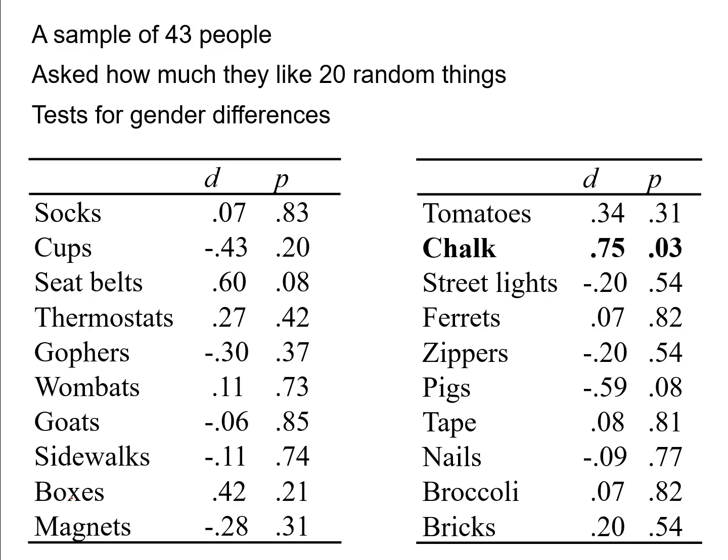That is 1 out of every 20 times. And that's exactly what happens here. I did 20 different significance tests, and out of those 20 tests, 1 was significant, and that's exactly what I would expect if the null hypothesis is true. So if I look at this one finding for chalk just by itself, I say, wow, I got a significant finding there.